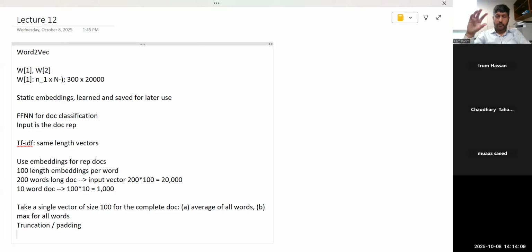So if the document size is less than 50, I will pad the remaining vectors. Usually in padding you take a fixed value for the vectors, let's say -1, -1, -1 or 0, 0, 0. You take some fixed value. So basically if the document is long, you truncate it to 50 words. If the document is small, then you pad the remaining so that you still get a fixed length input to the feed forward neural network.